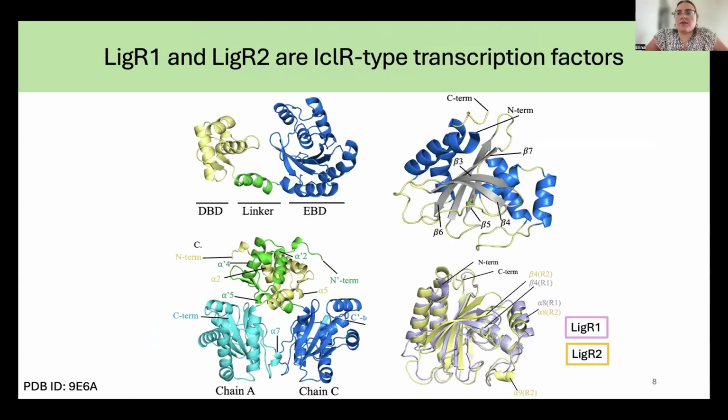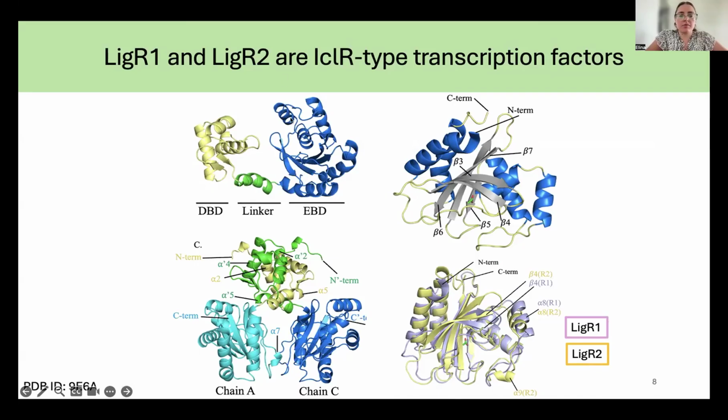So next, we solved the crystal structure of LigR1 at a resolution of 2.11 angstrom, revealing 4 molecules in the asymmetric unit. And this is consistent with a tetramer. Now, the structure follows a typical IclR transcription factor architecture, which is an N-terminal DNA binding domain, which has a helix-turn-helix motif.